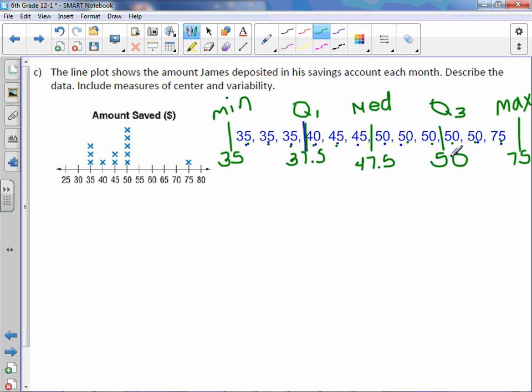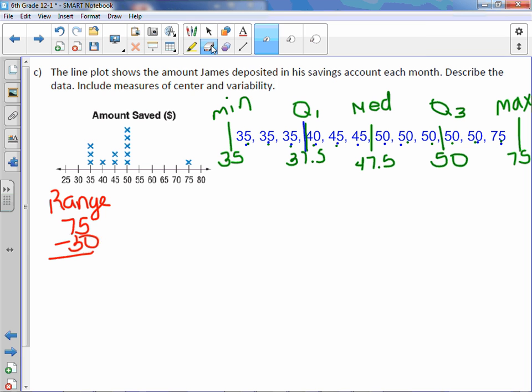I'm going to go ahead and find the range and interquartile range just to get started here. So the range would be our 75 minus 30, which is 45. I'm sorry, 75 minus 35, which is 40.